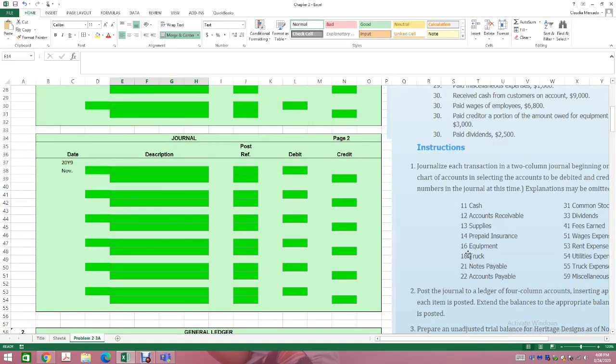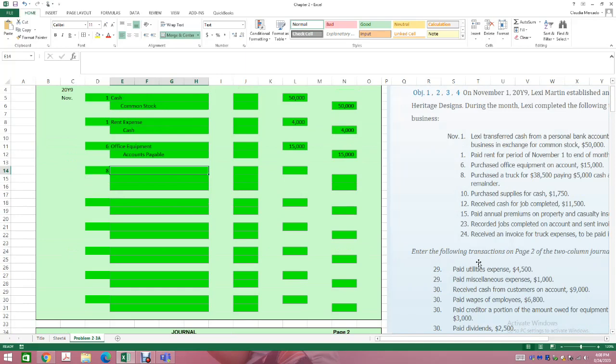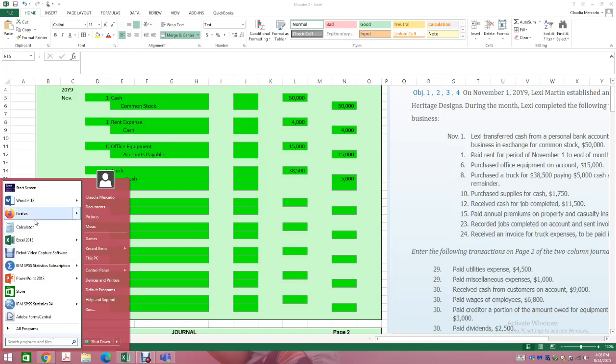So I'm gonna go ahead and debit my truck. How much did you pay for your truck? Well, I paid $38,500. How did you pay for this truck? Well, the problem says that you paid cash of how much? $5,000. You paid $5,000 in cash.